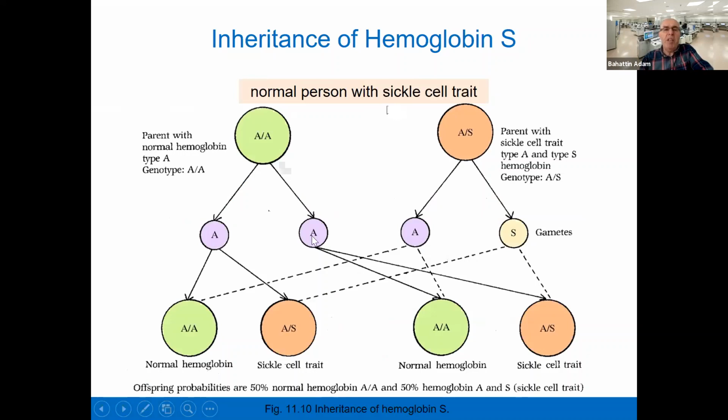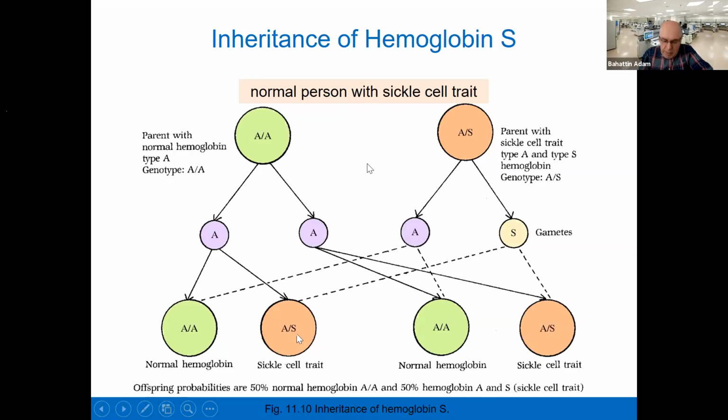Now, as you see, two healthy cells here, and one is unhealthy here, and once they get married, the offspring of these two will be here 50% normal and 50% sickle cell trait.